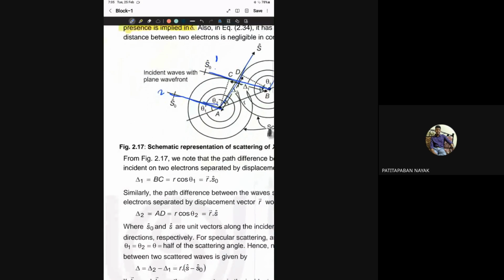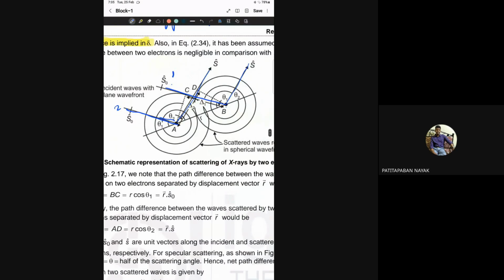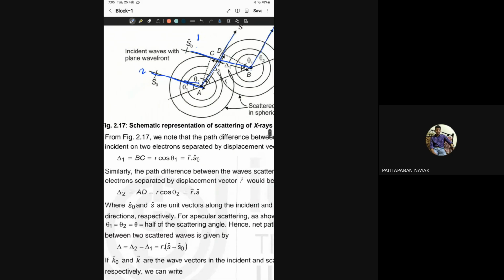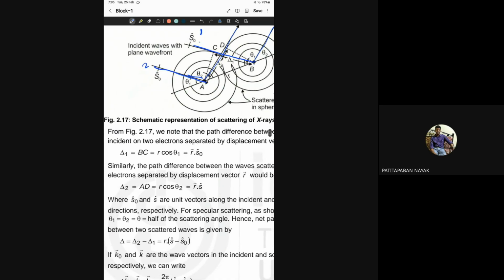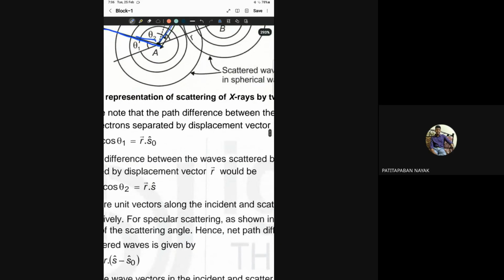That is what is written: delta 1 is equal to BC, which is R cos theta 1, or R dot S naught, or S cap. What is S cap? This direction.